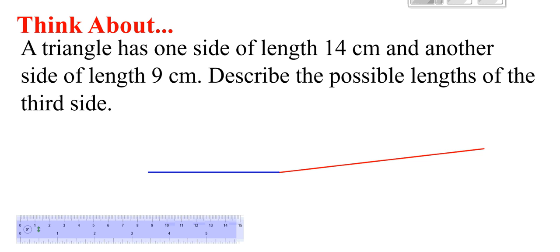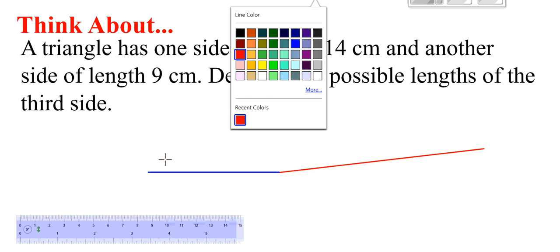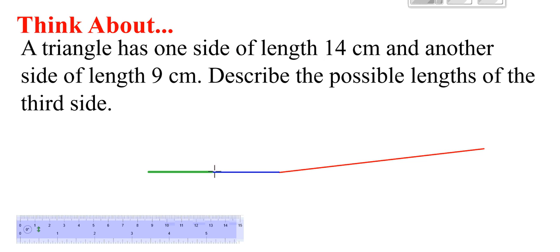Let's see if I can get the line tool to work. Let's use a different color. This side here is almost going to be flat, where we can have a triangle at this extreme case, but this green line can never be longer than these two sides combined.